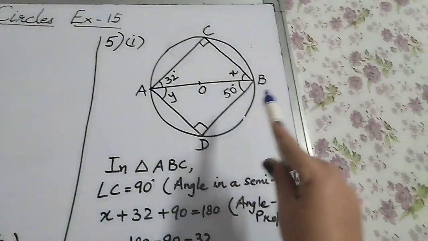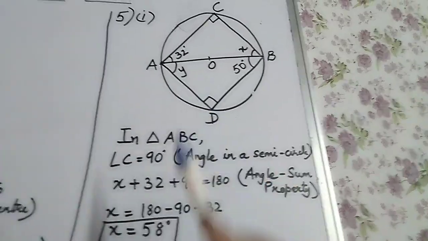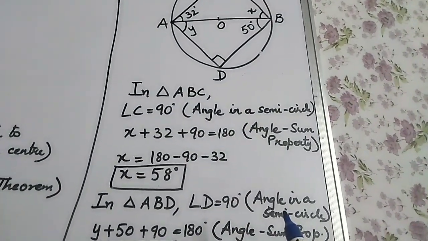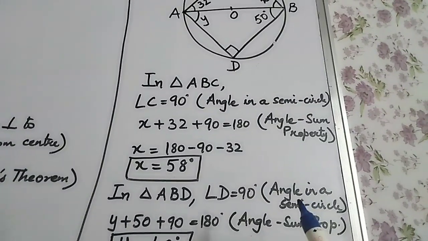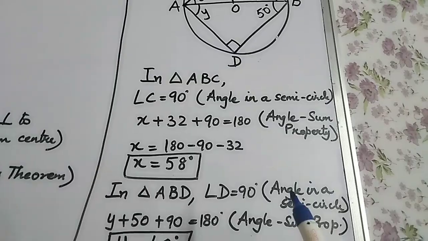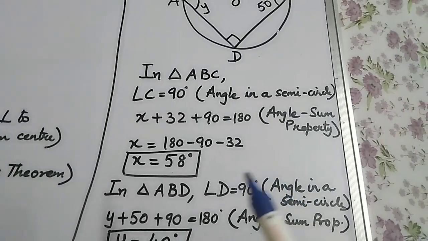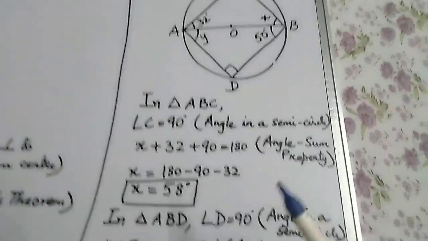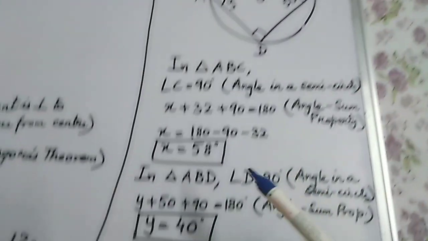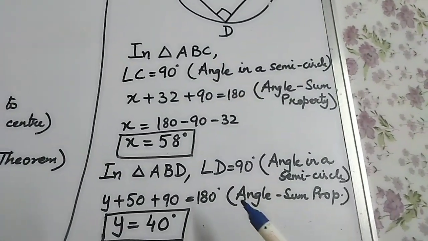Clear? Now in triangle ABD, angle D is 90 degrees, angle in a semicircle. The reason has to be written. In these types of questions, reasons are very, very important. You lose marks if you don't write down the reasons. So y plus 50 plus 90 is 180, by the angle sum property.